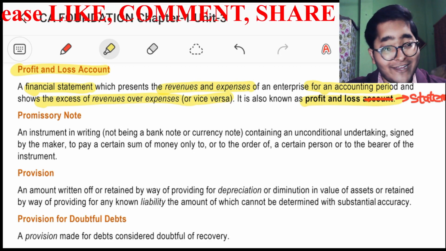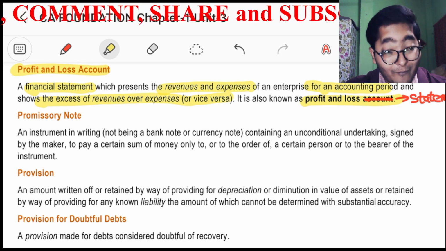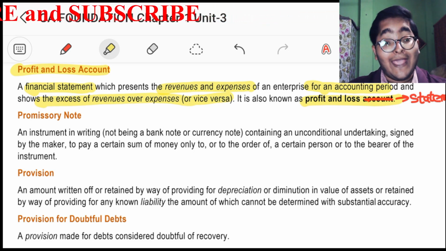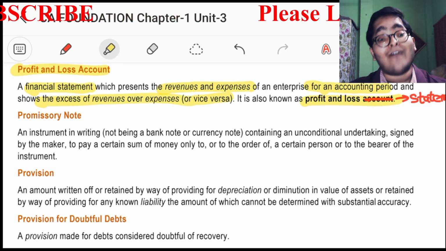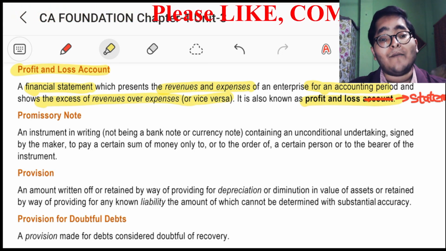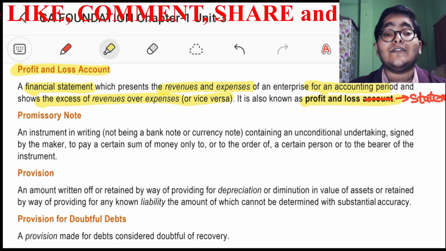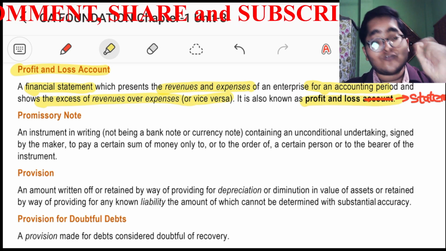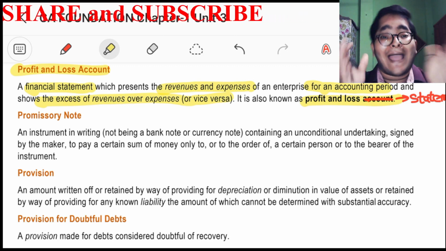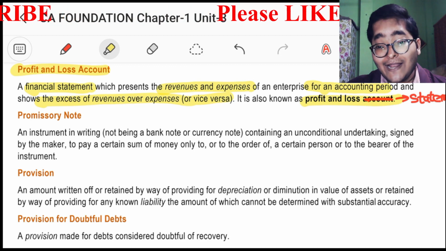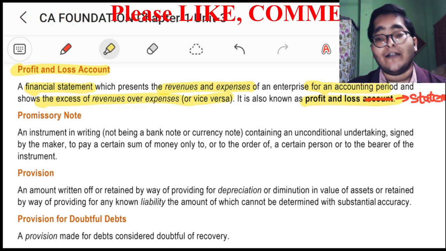Very confusing, right? So, a promissory note is an instrument. It is a financial instrument in writing. Yes, it must be in writing, not being a bank note or currency note, containing an unconditional undertaking.